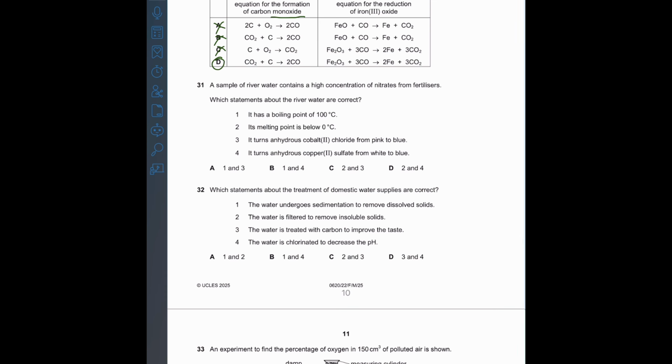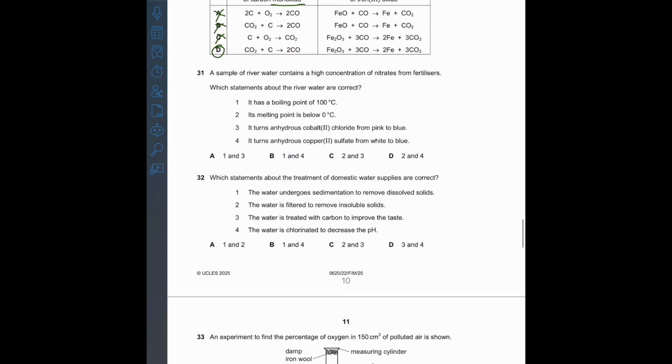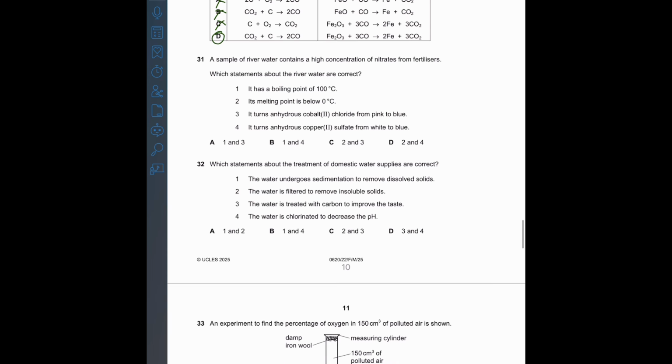Question number 31. A sample of river water contains a high concentration of nitrates from fertilizers. Which statements about the river water are correct? We're given 4 of them. 1. It has a boiling point of 100 degrees Celsius. That is wrong.